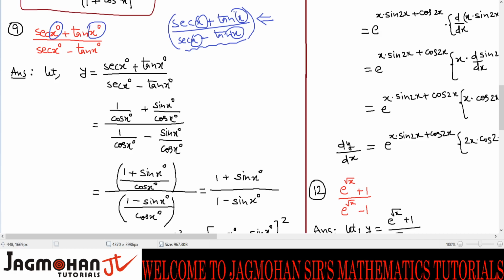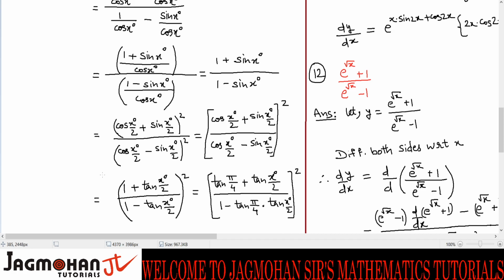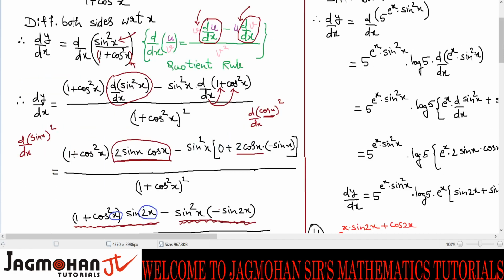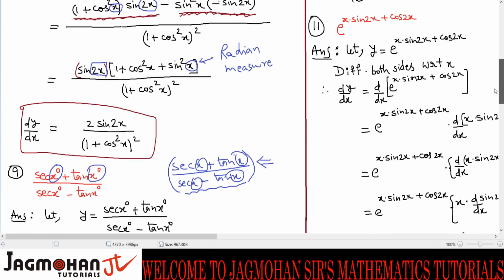What I will do is write this thing as y and then go ahead. You will notice here that instead of differentiating, I am simplifying. Why is that being done?